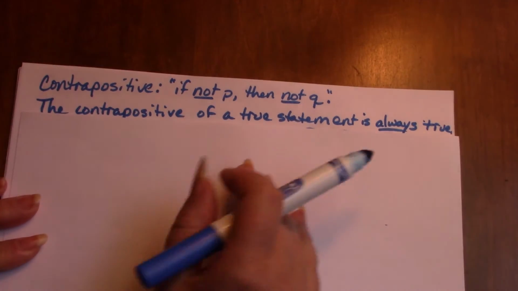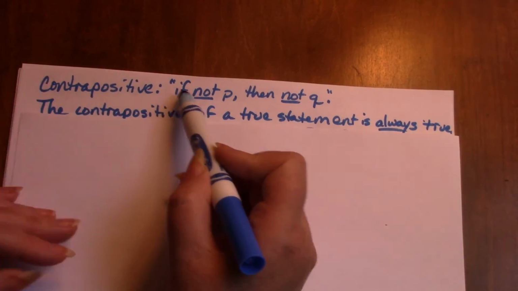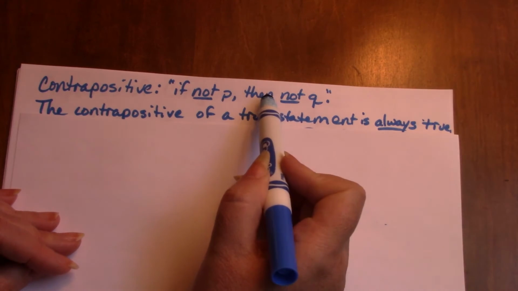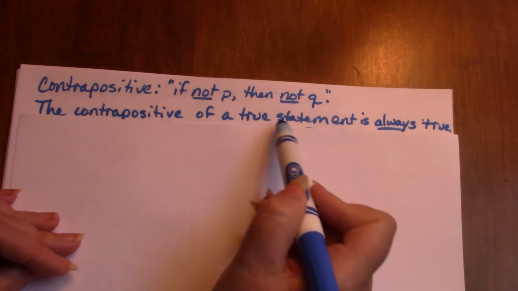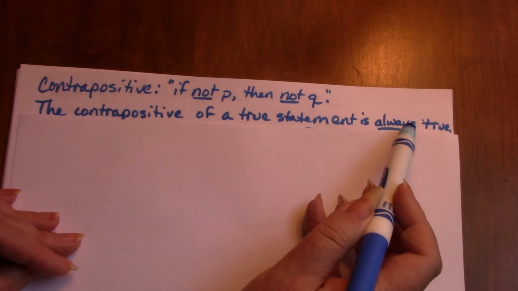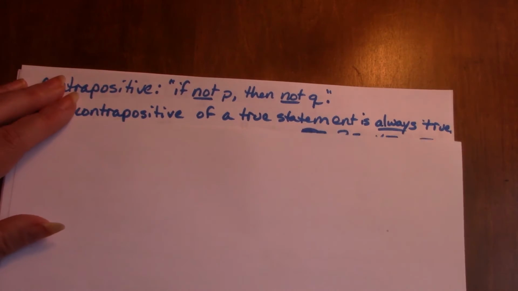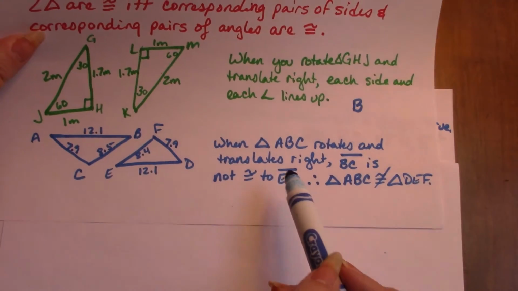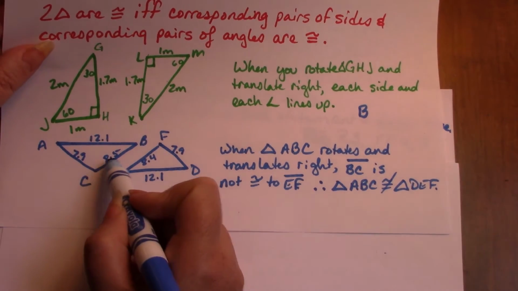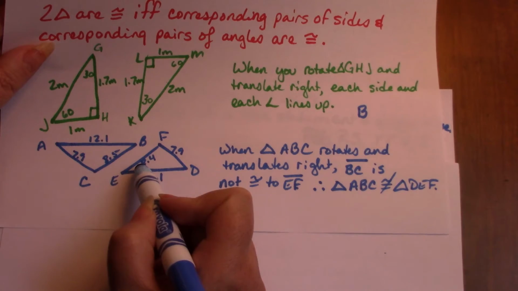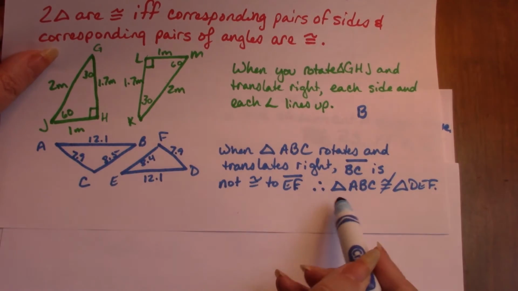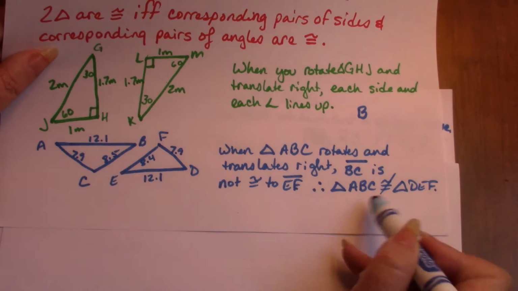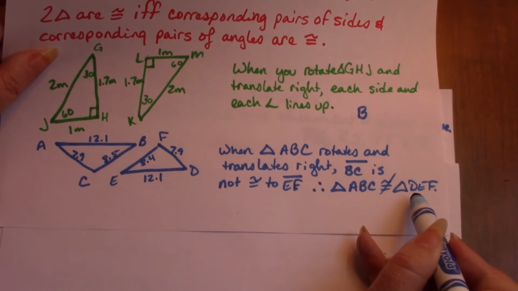A contrapositive means if it's not P, then it cannot be Q. The contrapositive of a true statement is always true. And that's what we just proved here. If not all of the sides or not all of the angles are equal, then the triangles are not congruent.